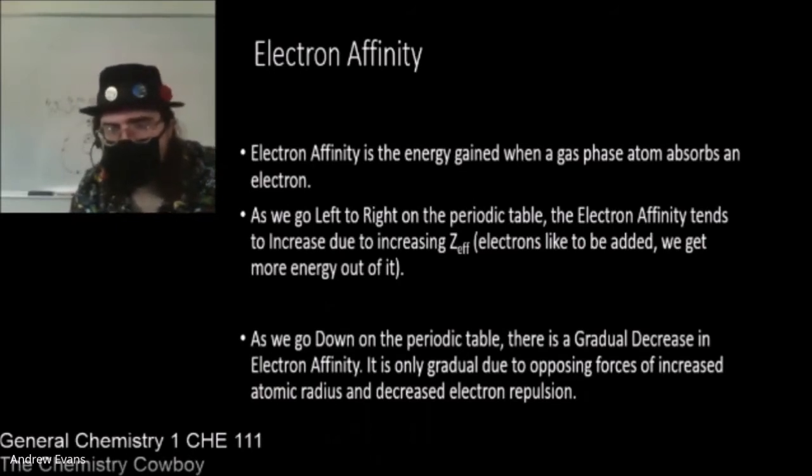Now, this trend will actually look identical to the ionization energy, but that's just because of the verbiage, because energy lost was highest at the top right. So the energy gained will also be highest in the top right.